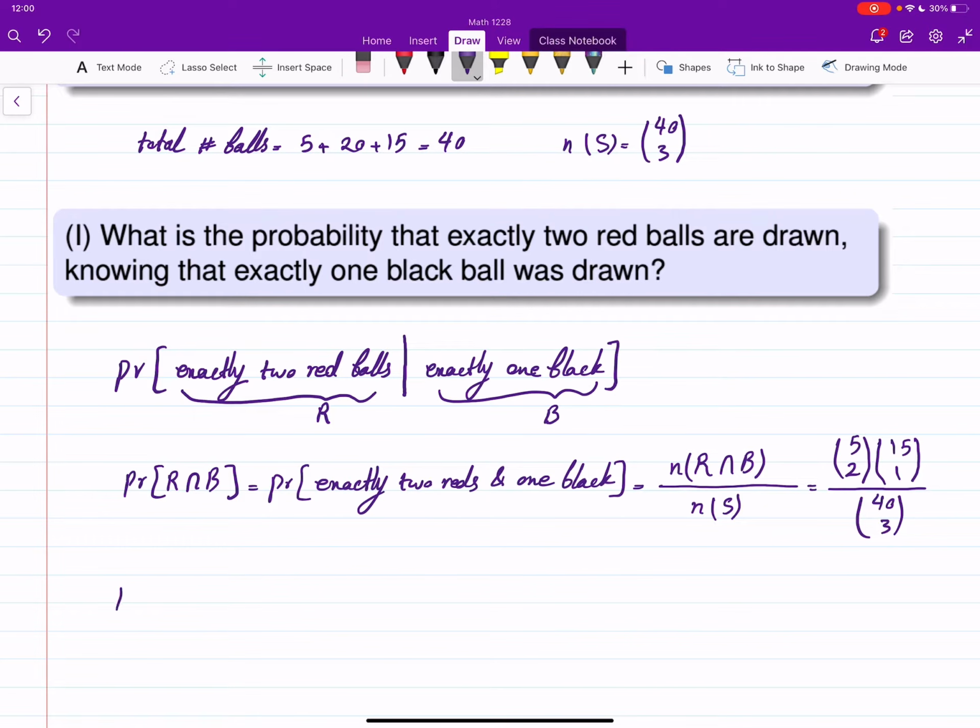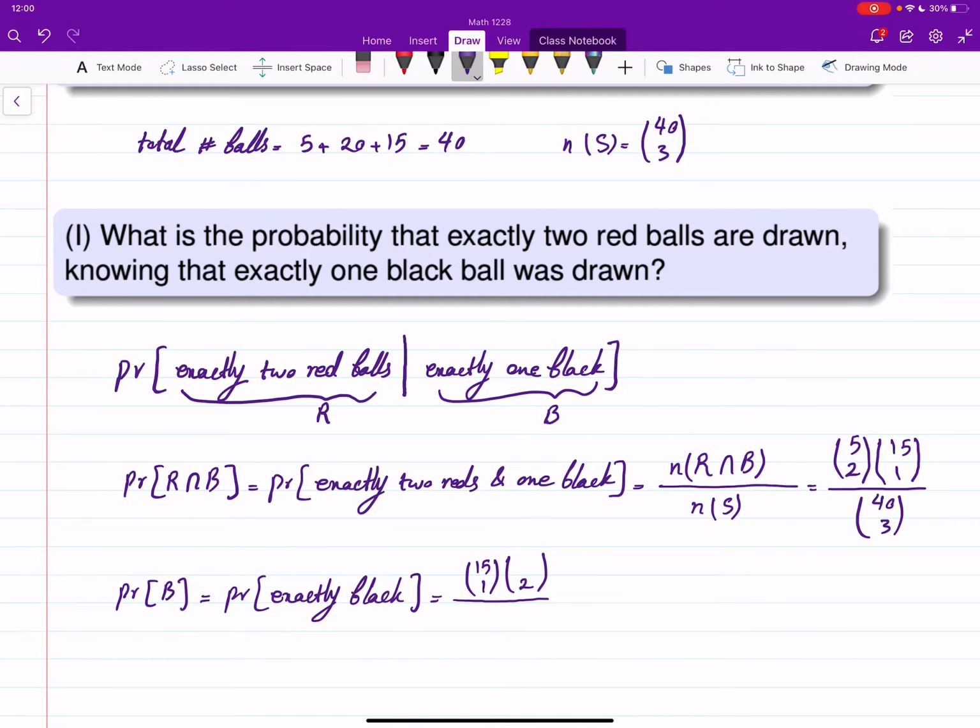How about the probability that we need to put in the denominator, the probability of exactly 1 black? Exactly 1 black means that we choose 1 out of 15 available black balls, and then for the rest, there are 2 that we have to choose from the other balls, both red and white ones.